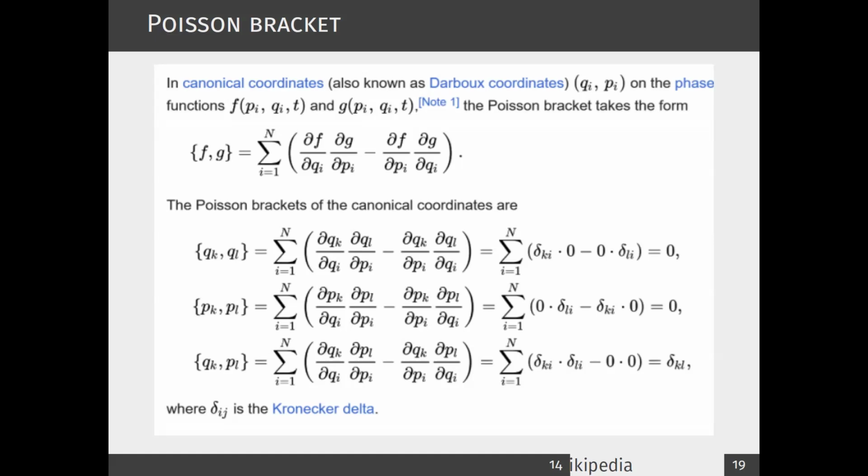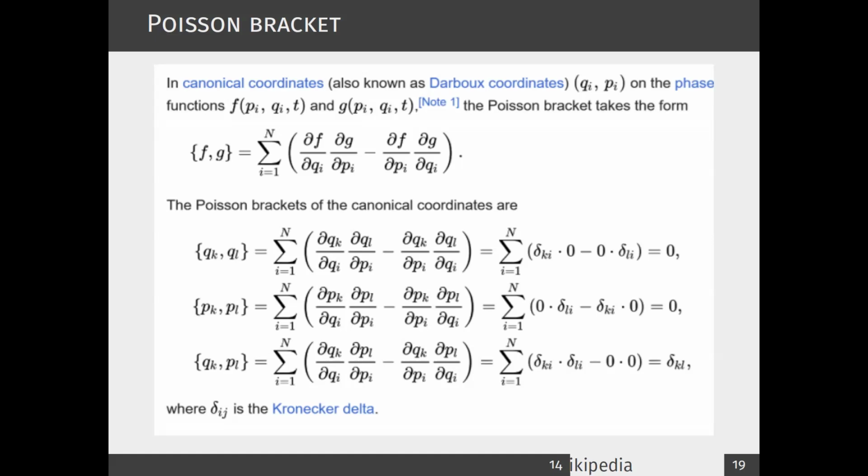So there's p_i, q_i, where p stands for momentum and q stands for generalized position in phase space. So we have f and g, the Poisson bracket, so-called.